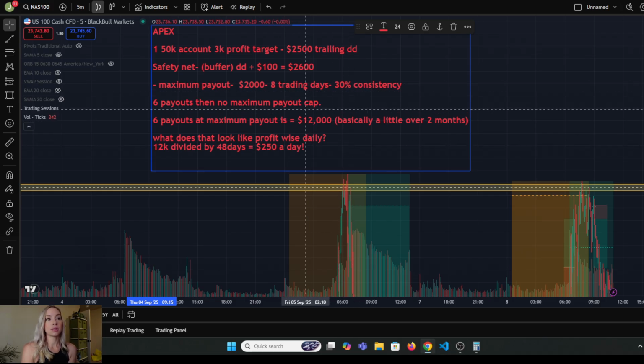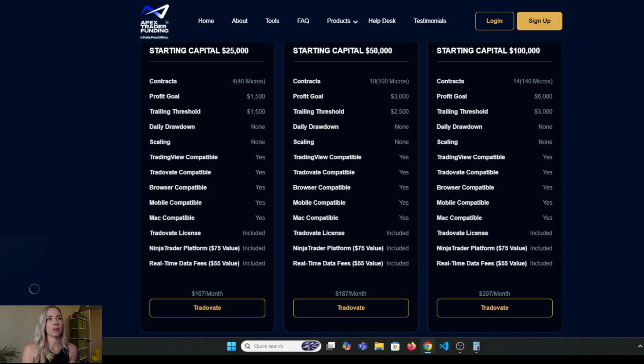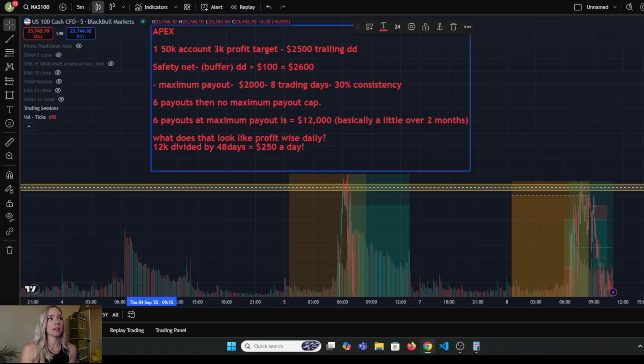Okay, so say that hypothetically we've gotten funded, we've gotten our buffer. Now where do we go? We know that we have to have 8 trading days. On their website, on the front, it says 7 days here, but on the rules, it's 8 days. So we know that we have to have 8 trading days.